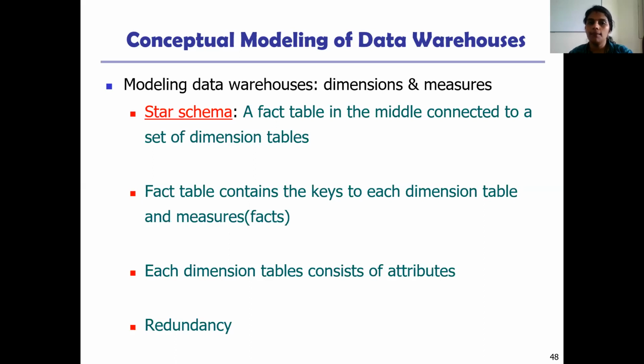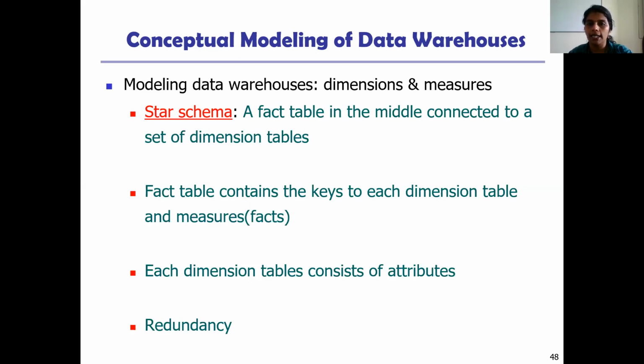As the name suggests, star schema has the structure of a star. In a star, the center will be the fact table, and this fact table will be connected to multiple dimension tables. You already know what a fact is and what dimensions are.